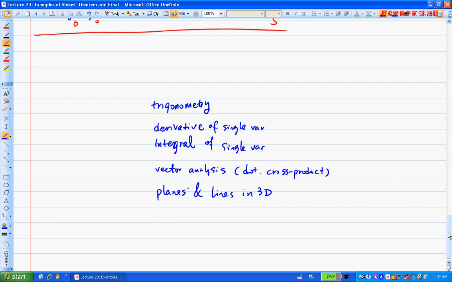So then we have a partial derivative. Now this is basically going into multivariable functions, right? And we also have parametric equations of curves.